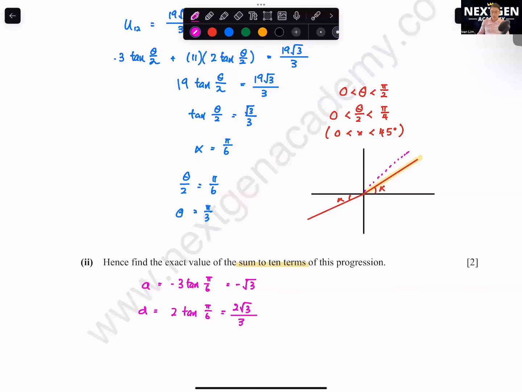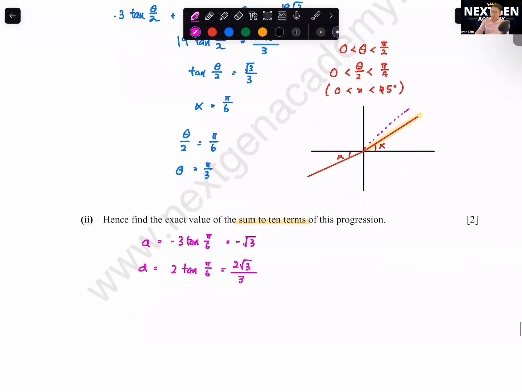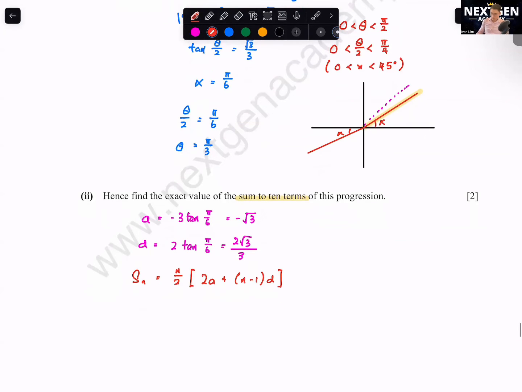Just use calculator. Okay, the calculator will magically show you all the answer. But this one, they cannot. Okay, if you're using the black color calculator, then it doesn't work. And now we're going to put into the formula, which is your n over 2, (2a plus (n minus 1)d). Okay, what is S10?